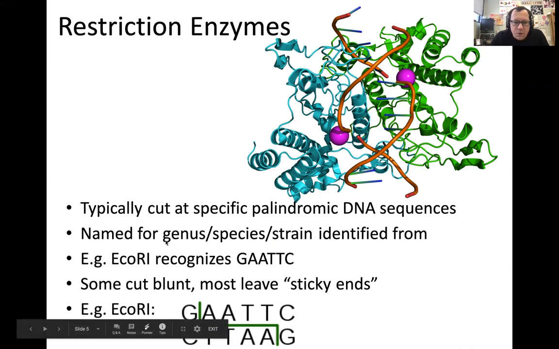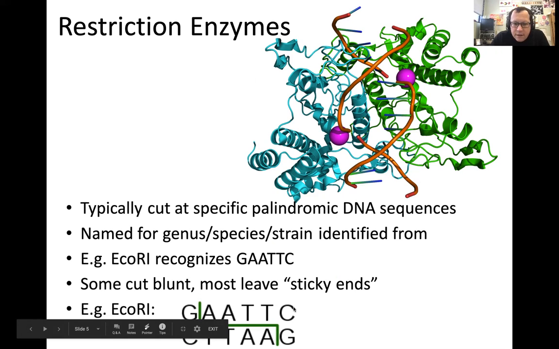So this enzyme, EcoR1, cuts at the sequence GAATTC. And this again is the 5' to 3' orientation at the top here. So we would see that 5' phosphate here and that 3' OH down here.